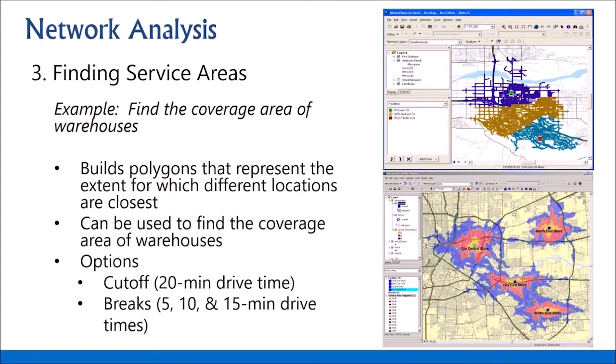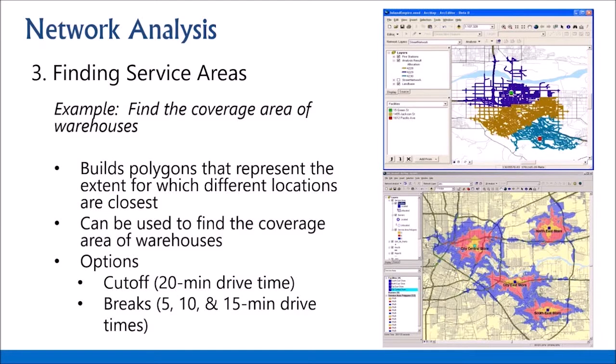Also, you can find service areas, such as finding the coverage area of warehouses or depots. So in here, you build polygons that represent the extent to which different locations are closest. In here, you can also introduce cutoff times, within a 20-minute drive time, or you can set breaks, 5, 10, and 15-minute drive times.